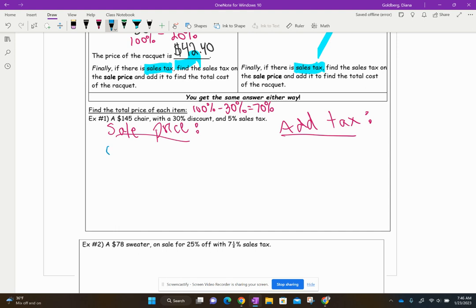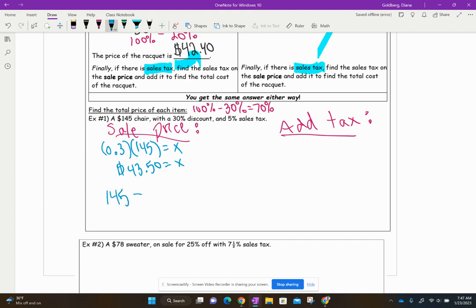I'm going to use the equation this time. So decimal form of percent times whole equals part, and this means I get to take off $43.50 from the price.